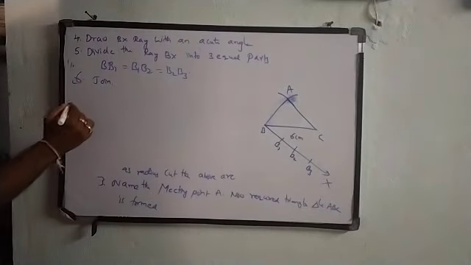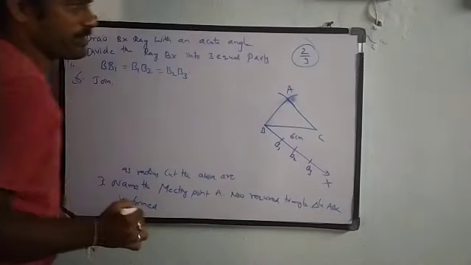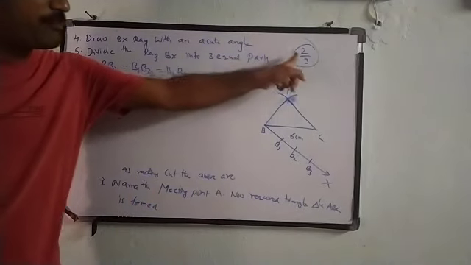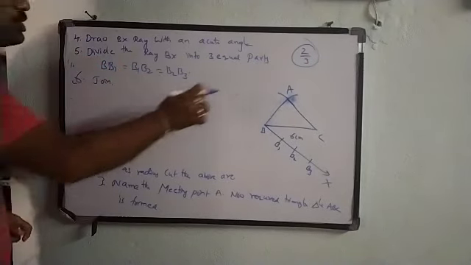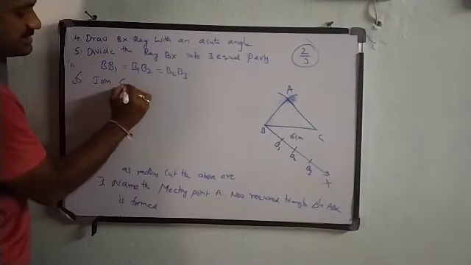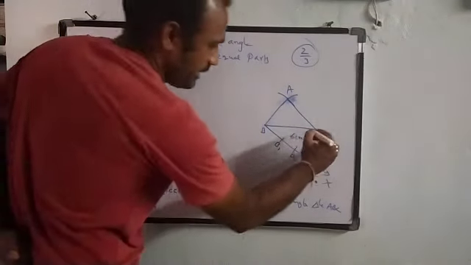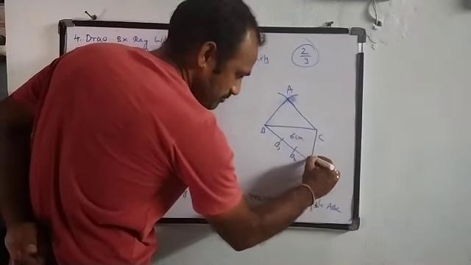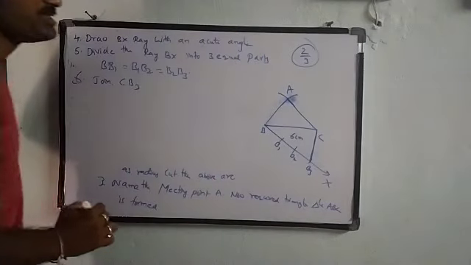Since the question is 2 by 3, it is a proper fraction. Whenever it is a proper fraction, we need to join the bigger number first. So with the help of a scale, first join CB3.